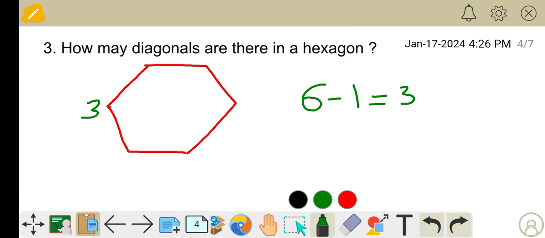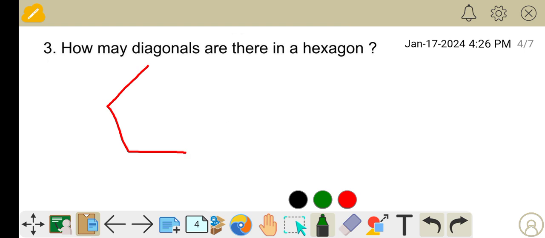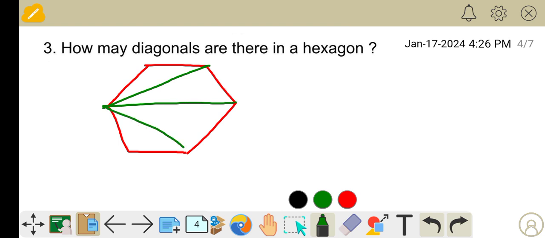Again from this point we can count. We cannot draw to this vertex and this vertex and also this, so also three diagonals. But at this point we cannot draw another diagonal, that is this, because this diagonal has already been drawn. So at this point we can draw only two diagonals. At the first, 1 2 3.